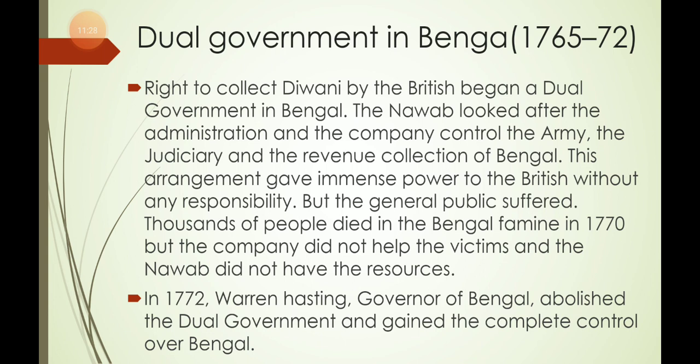Famine occurred in Bengal province. Thousands of people died because the Nawab could not do anything, and he had no money to help the people, because the revenue department was in the hand of the British East India Company. But the company did not help the victims, and the Nawab did not have the resources.